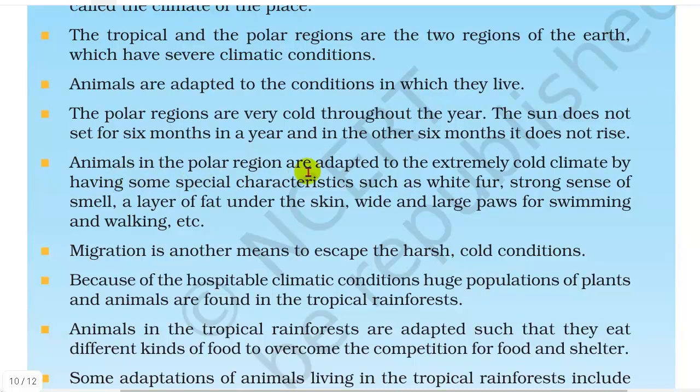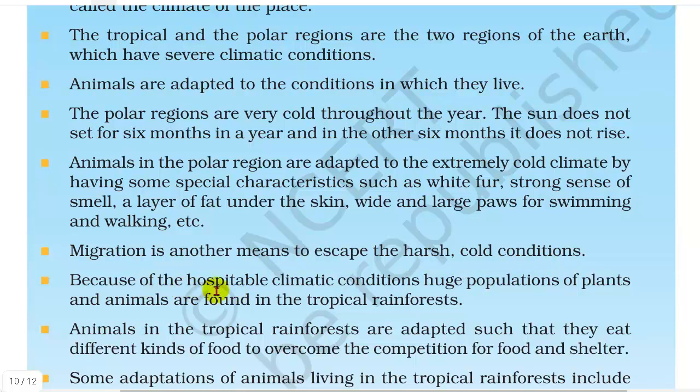Animals in the polar region are adapted to the extremely cold climate by having some special characteristics such as white fur, strong sense of smell, a layer of fat under the skin, wide and large paws for swimming and walking, etc. Migration is another means to escape the harsh cold conditions.